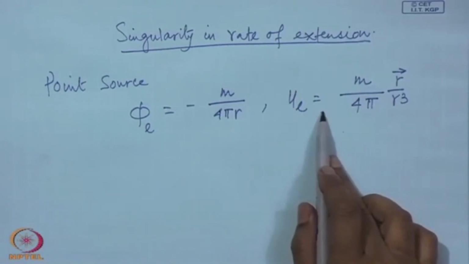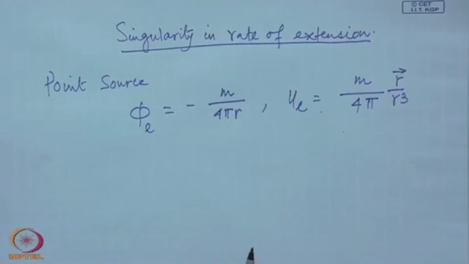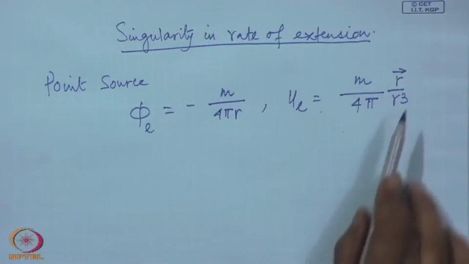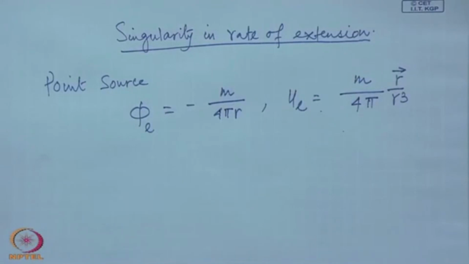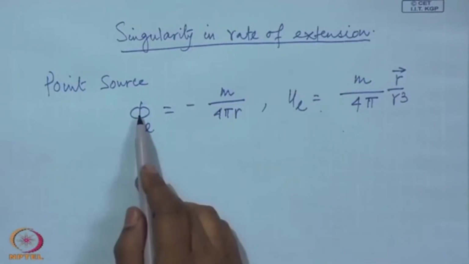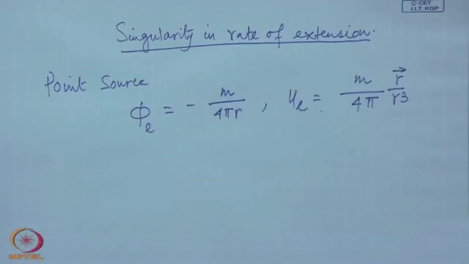The velocity, as you can see clearly, decreases with inverse square of r, and as r approaches 0, the velocity becomes extremely large, and at r equal to 0, neither this potential nor the velocity is defined.